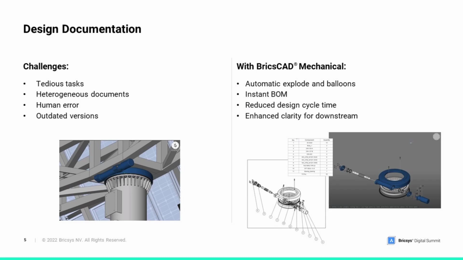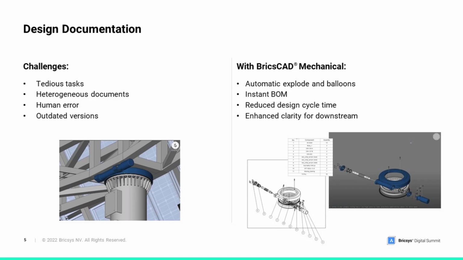With the accelerated automatic explode mode, the algorithm in BricsCAD finds the best disassembly sequence of components with respect to the assembly hierarchy. It can also give anyone instant insights about design for assembly, manufacturability, and serviceability. The explode avoids possible physical collisions and identifies the ideal direction of movement of each part.